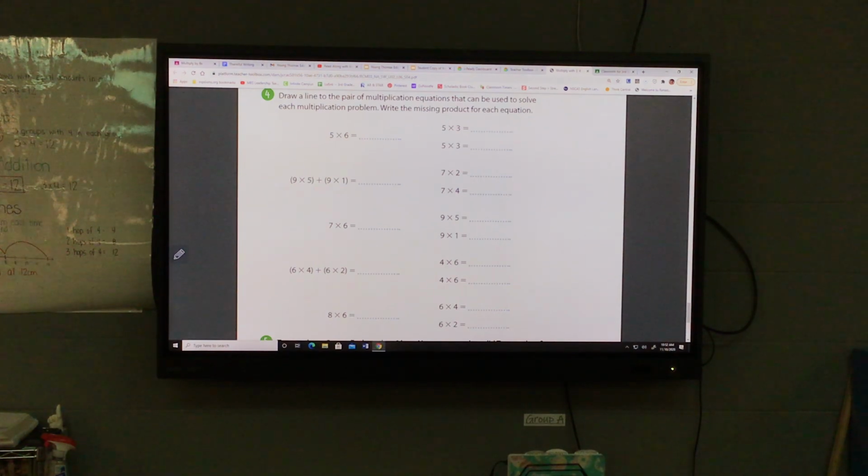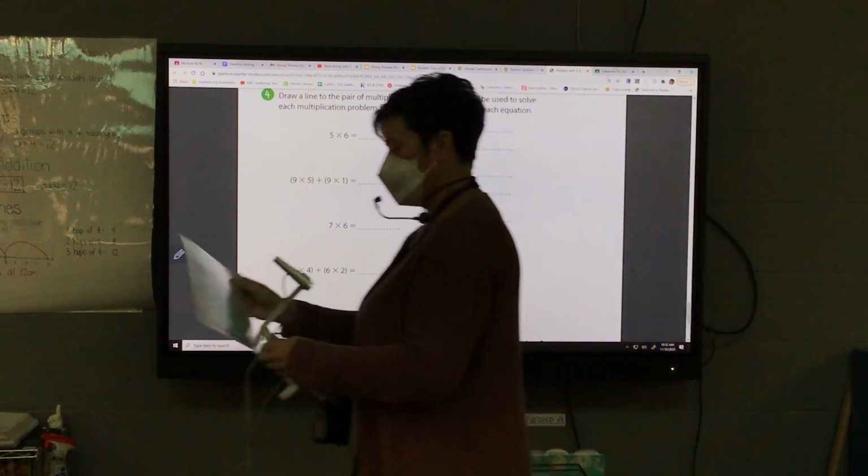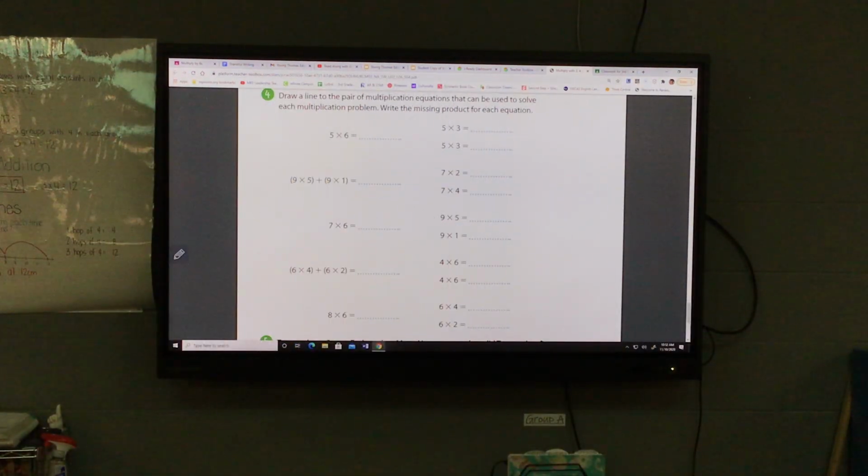Okay, now let me see if this works better over here. Do you see where it has multiplication in this top left-hand corner?